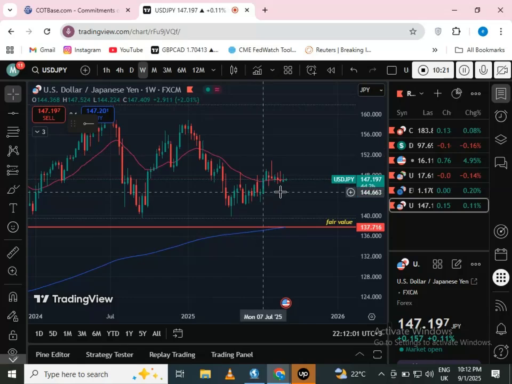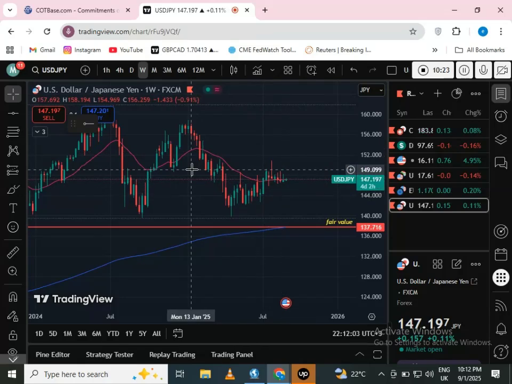Right now there's a slight retracement, but as you've seen, the large speculators have shown you that they are selling this pair more than buying it. It means they buy Japanese yen futures on the futures market. What will it mean on the forex market? This will mean that the USD JPY will be a very strong short, bearish trend.